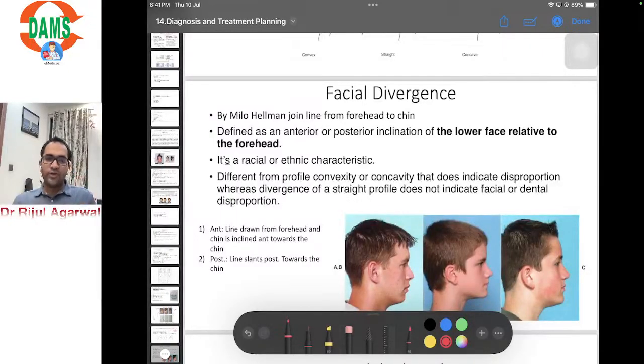Facial divergence was given by Milo-Hellman. So it is obtained by joining a line from forehead to the chin. So first thing first, it is a racial or ethnic characteristic. It is not related to the profile, convexity and concavity, which we have already studied.